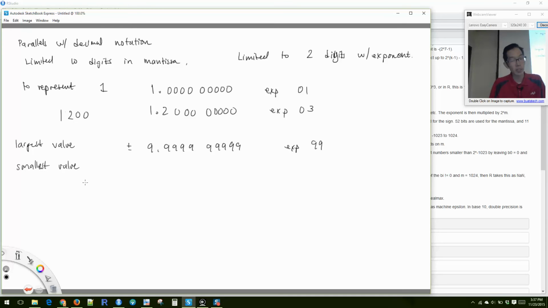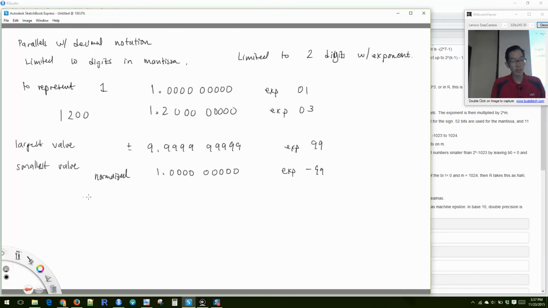The smallest value in this form, normalized, meaning we're using proper scientific notation, would be 1 followed by all zeros, and the exponent would be negative 99. This would be the smallest normalized value.